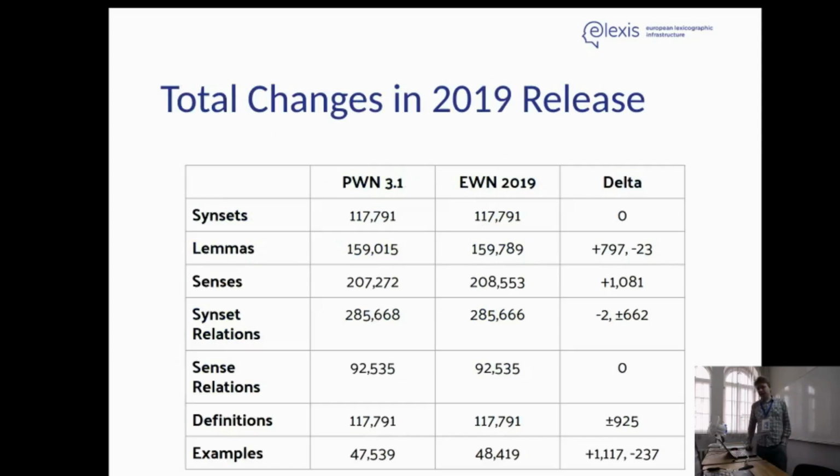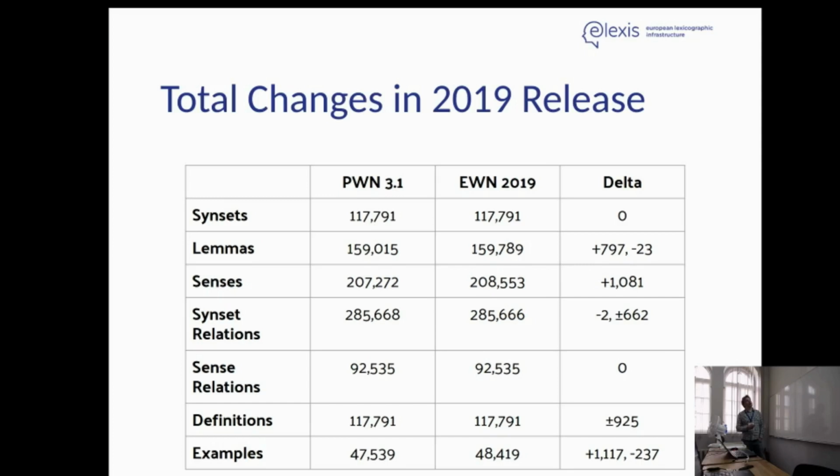So English WordNet released its first version in 2019. This contains something like 3,000 changes. Of these, there's 797 new lemmas and 23 incorrect lemmas removed. There's 1,000 new senses, 662 changed relationships, and actually 2 fewer in total, because there were 2 erroneous ones we removed.